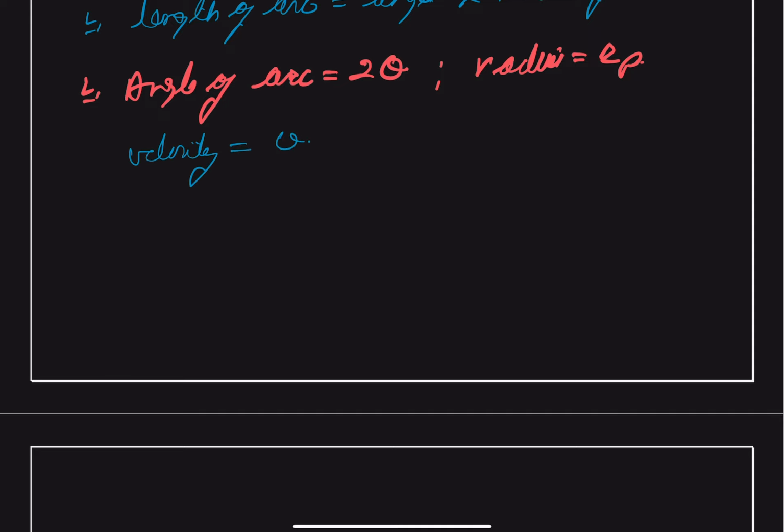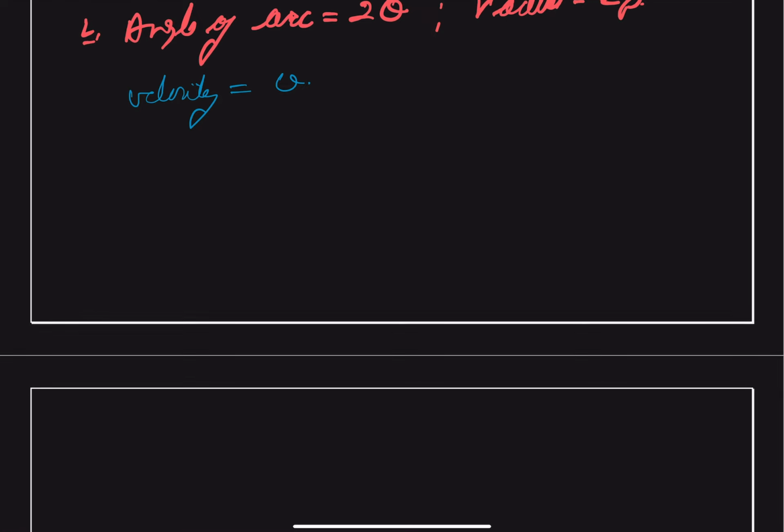Thus, for the proton the time will be 2 theta multiplied by r_p divided by v.